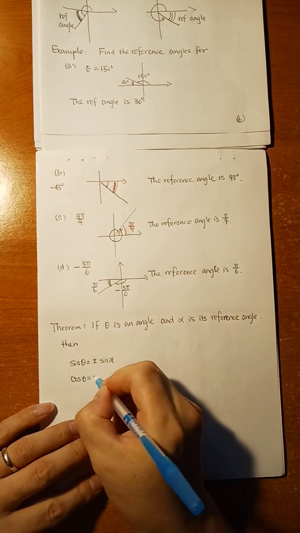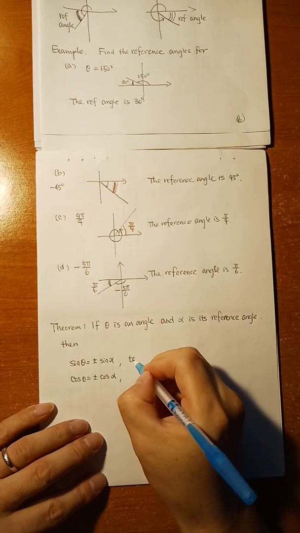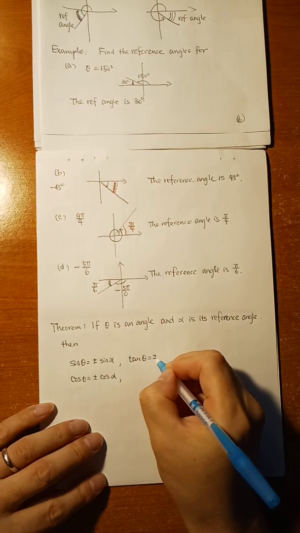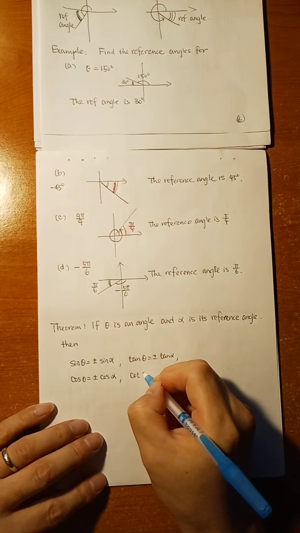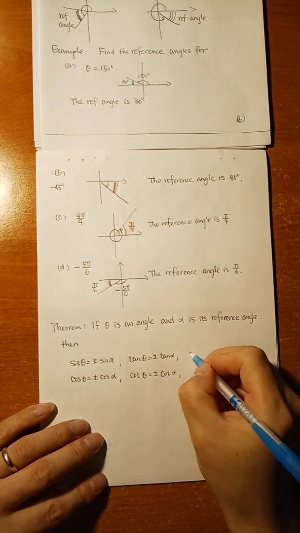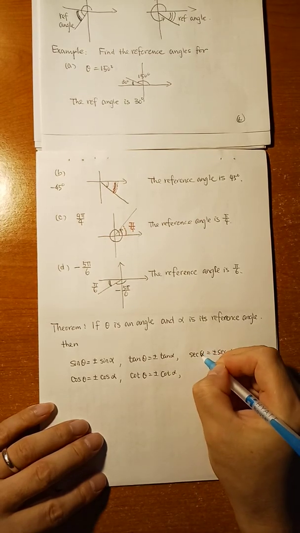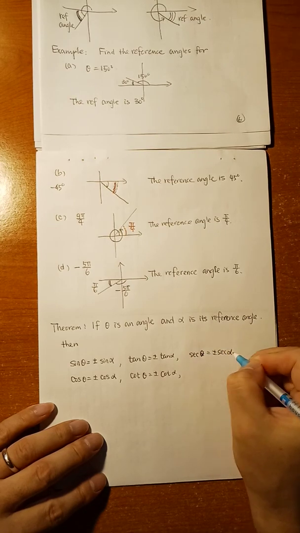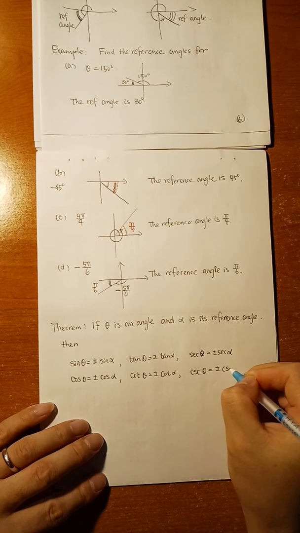Cosine theta is plus or minus cosine alpha. Tangent theta is plus or minus tangent alpha. Cotangent theta is plus or minus cotangent alpha. Secant theta is plus or minus secant alpha. Cosecant theta is plus or minus cosecant alpha.